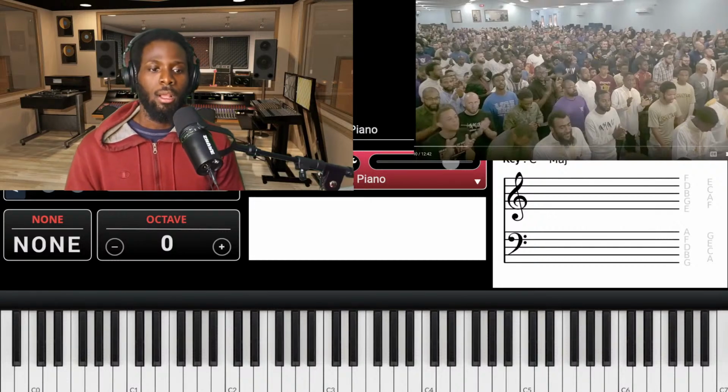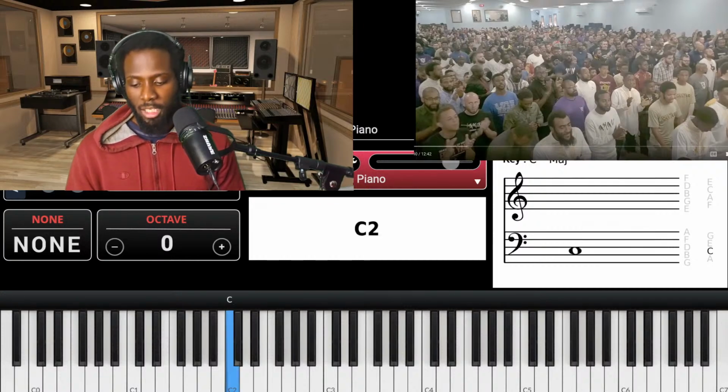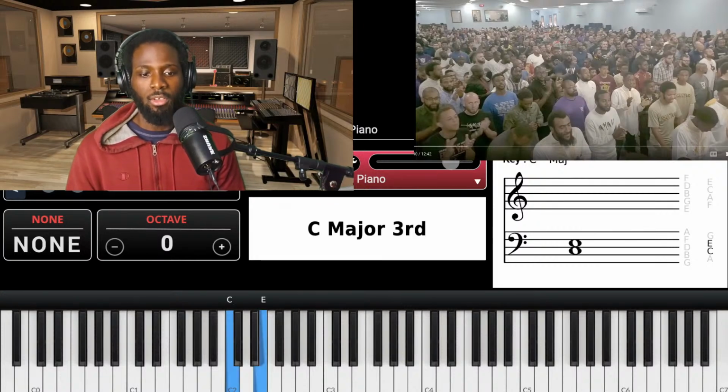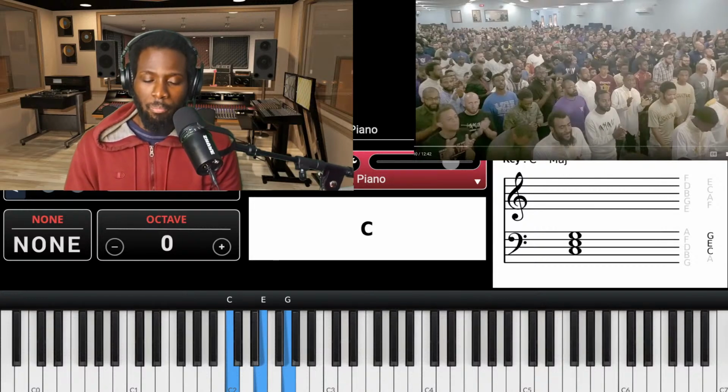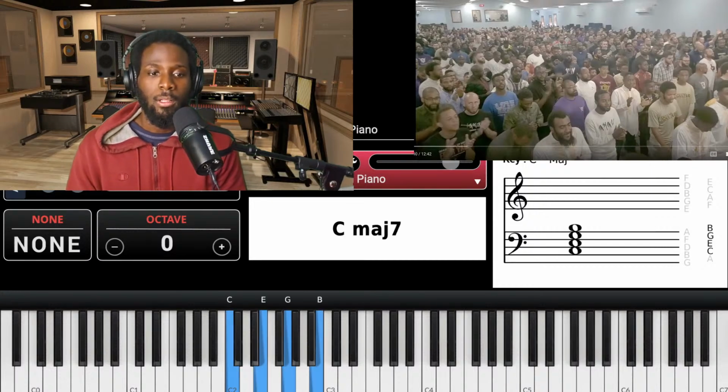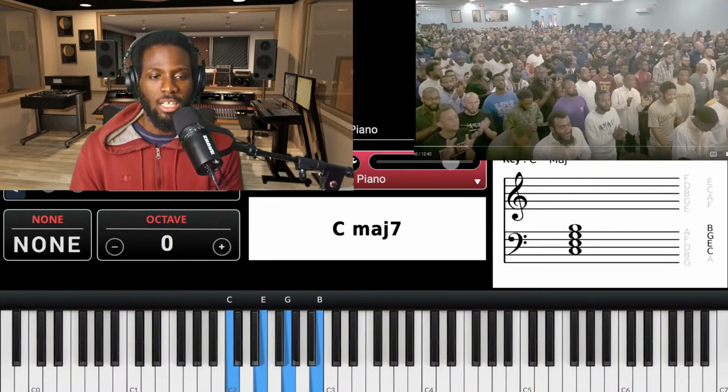So I'll do C, skip the D, go to E, skip the F, go to G. If I keep that same concept going, I could skip the A and go to B. And that was our introduction to the jazz chords. So pretty much that's when you start seeing major sevenths, right?